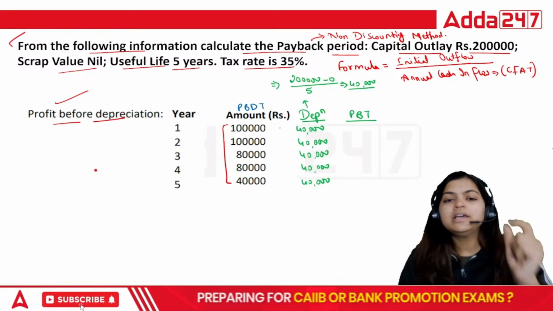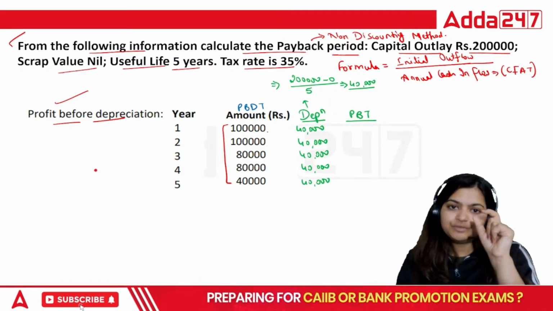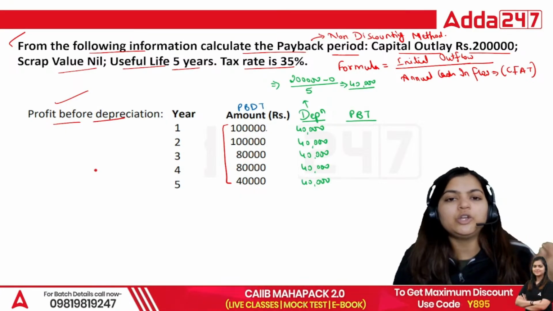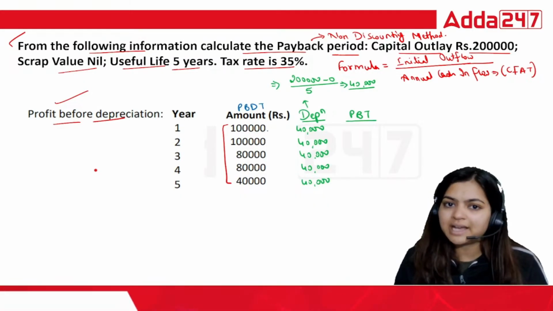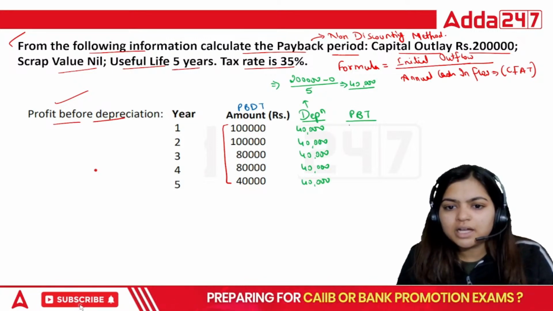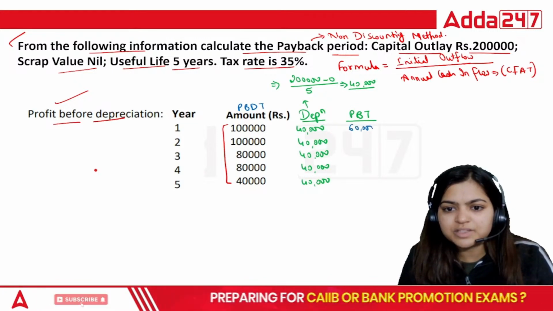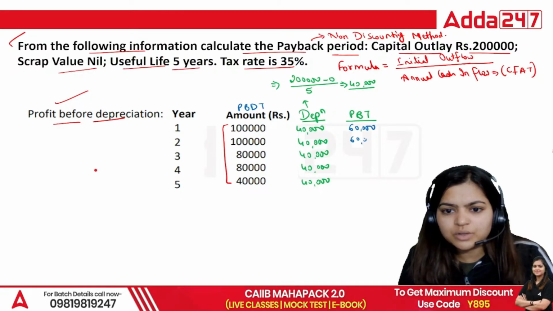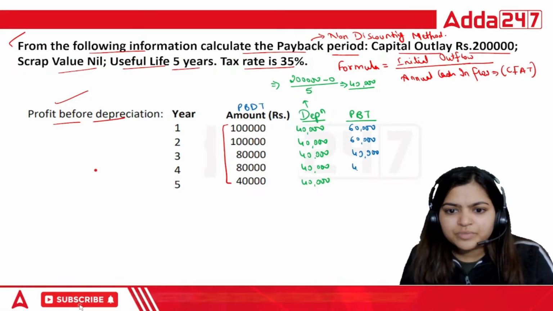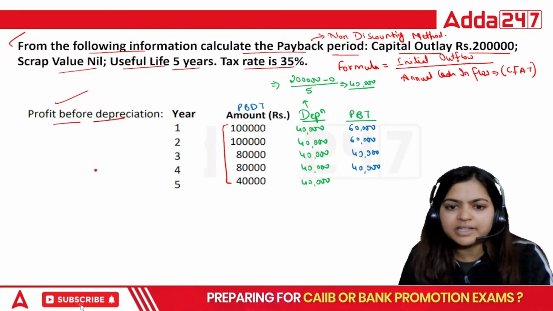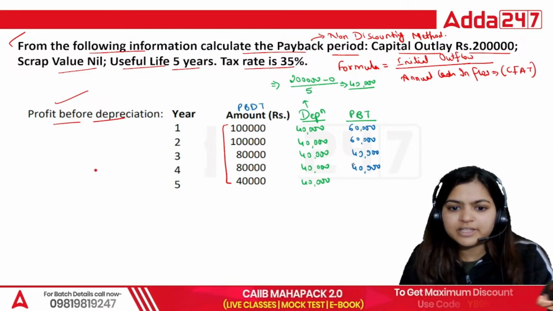Okay, but for calculation of the tax amount, first you need to deduct depreciation because that is allowed as per the Income Tax Act. So profit before tax is going to be 60,000, the second year also 60,000, third year 40,000, 40,000, and the last year 0.